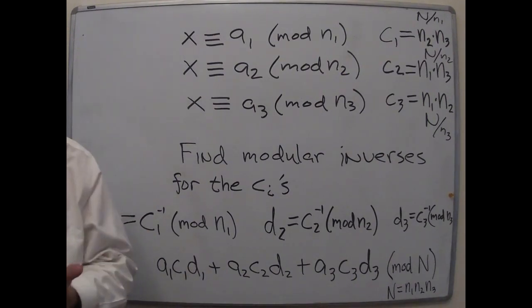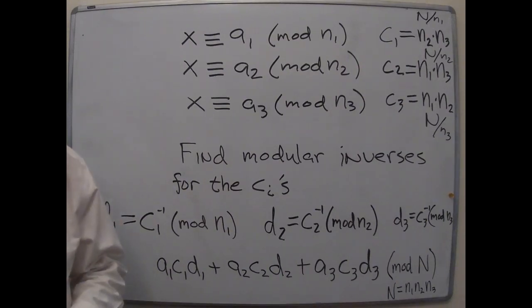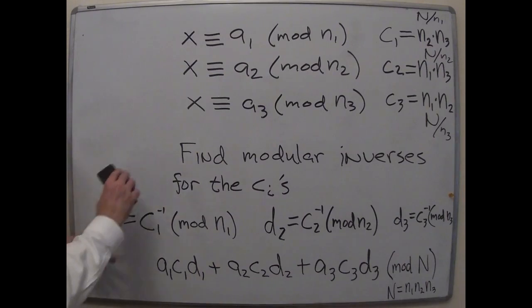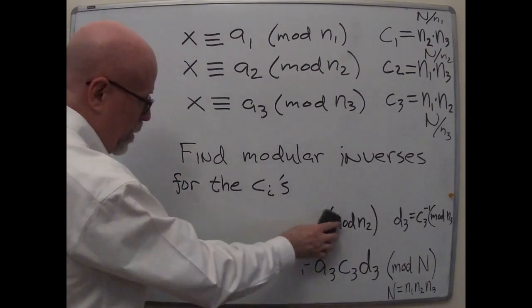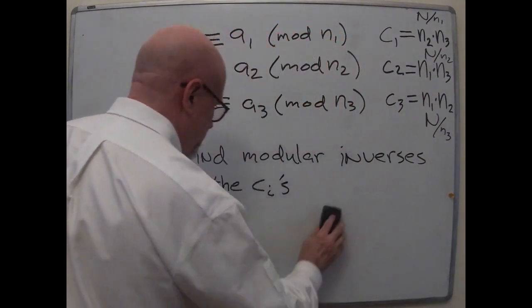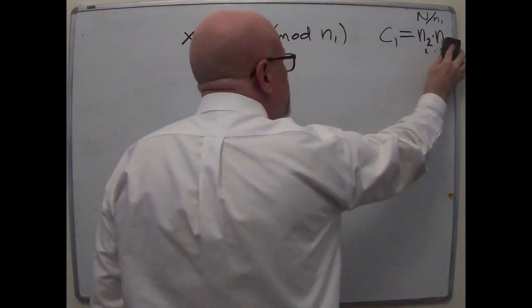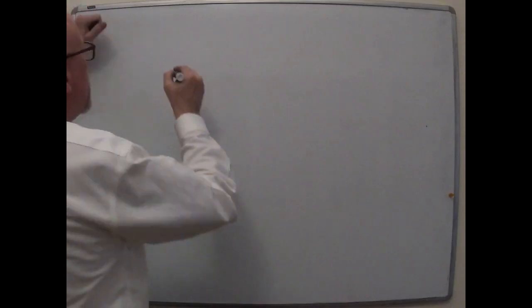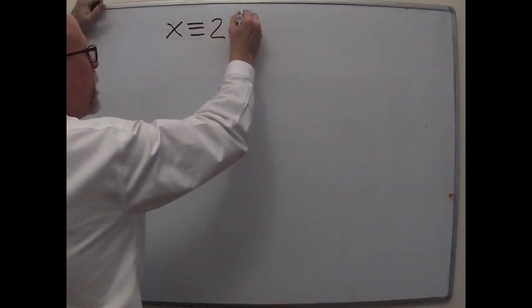I think we should do a slow notching up of the difficulty of our example. So this one I worked in generality. Let's actually try to put real numbers in it for our case where we've got 4 moduli. So how about x congruent to 2 mod 3?